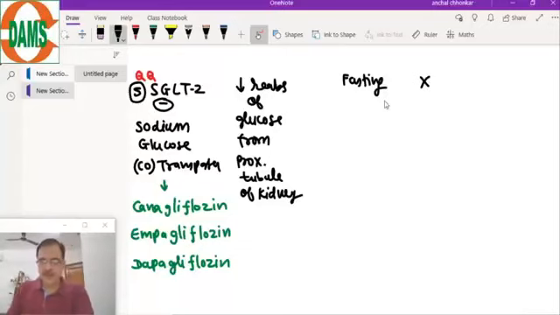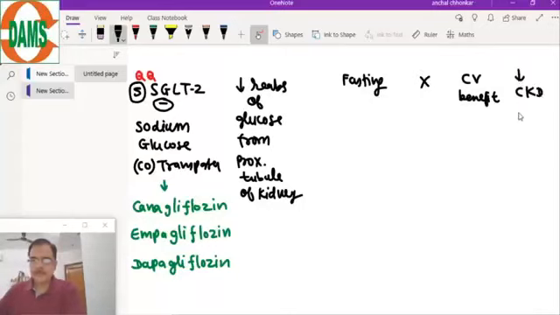Now come to a very important discussion, cardiovascular benefit. Yes, there is a definitive cardiovascular benefit, and they have also been proved to decrease CKD progression.